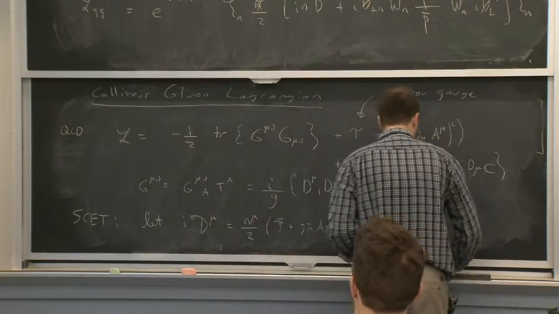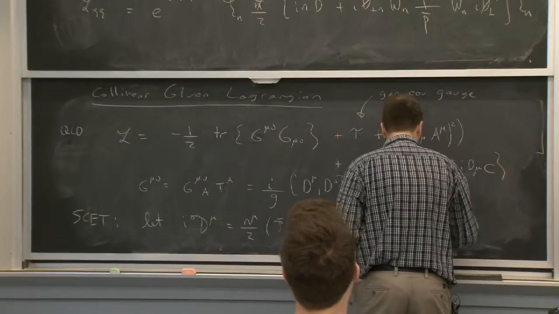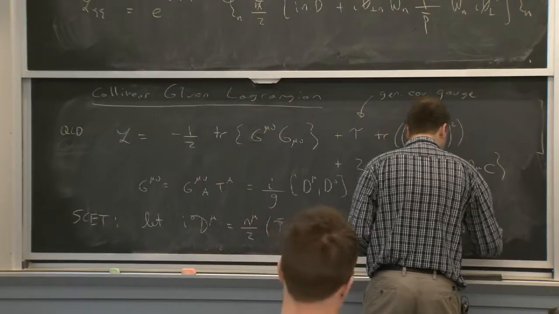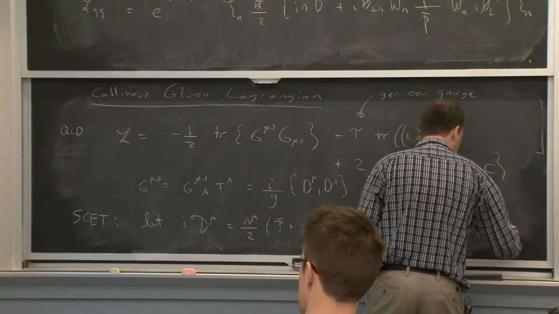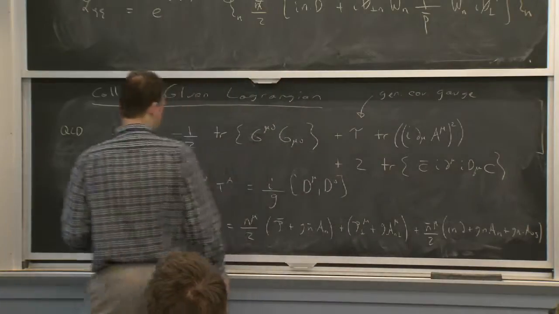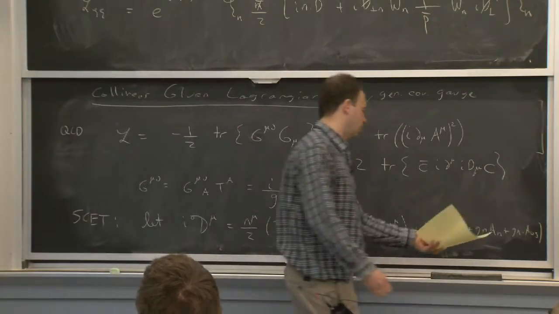So let's set up a curly D that has all the pieces that will survive at leading order. So all the pieces that survived were the collinear pieces in perp and n-bar, and then in the n direction, both pieces.